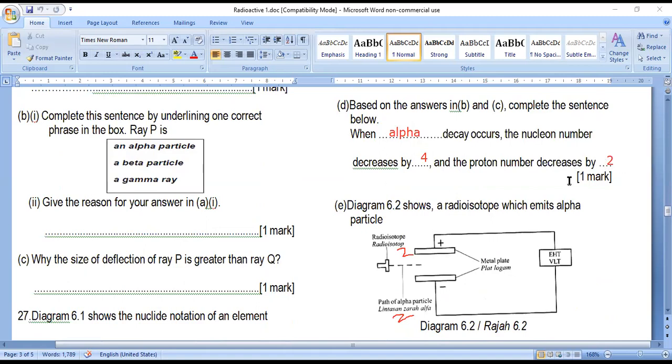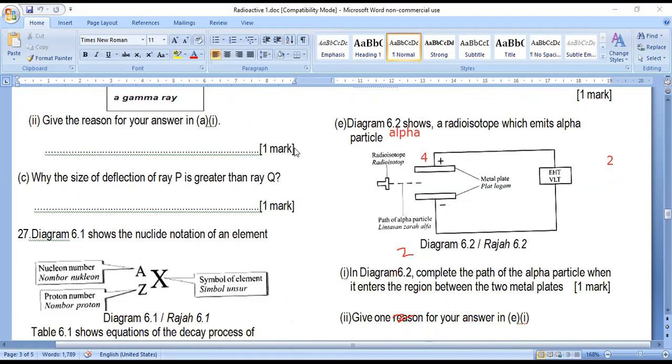Okay. Next. Diagram 6.2 shows a radioisotope which emits alpha particle. Complete the path of the alpha particle when it enters a region between two metal plates. So alpha will be deflected towards the negative.